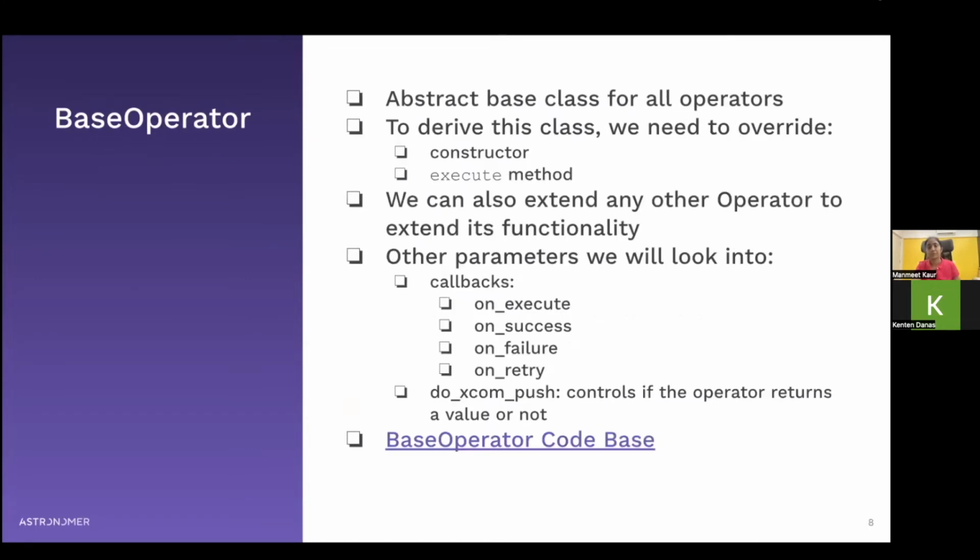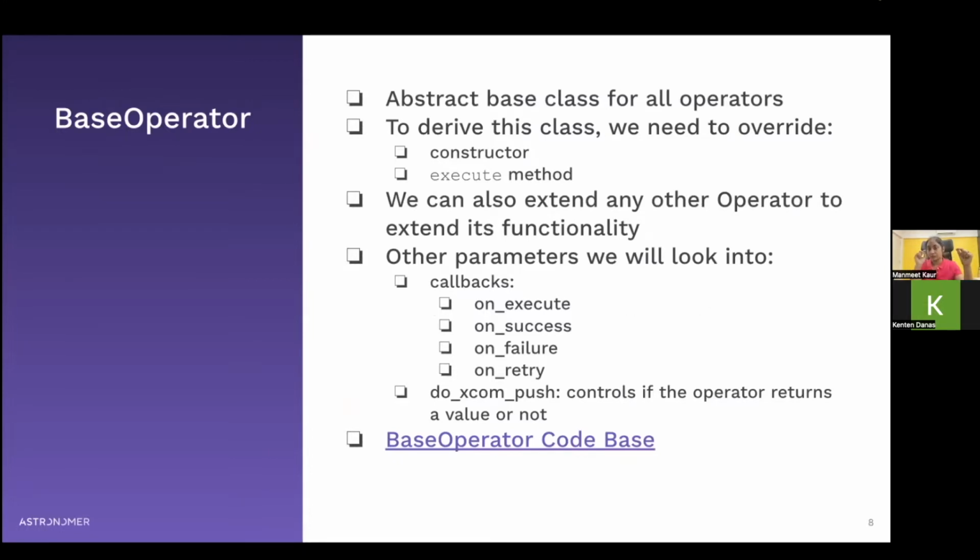You can just create your own operator and share it across your organization, and even contribute back to the Airflow community. So base operator, like I mentioned, is an abstract class for all the operators. You cannot instantiate a base operator because it does not have the execute method implemented, where you actually define what you have to do.